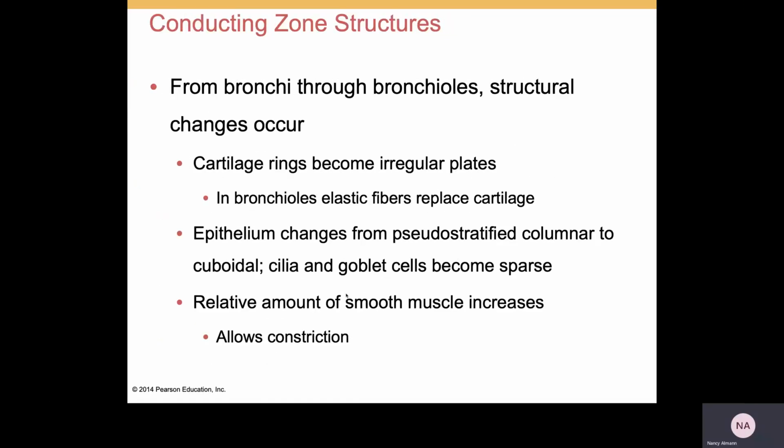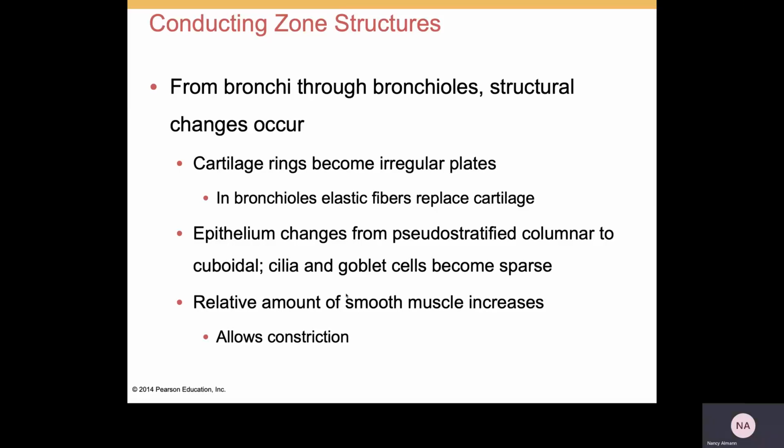Now, from the bronchi through the bronchioles, you're going to have structural changes, which we have already talked about, but this sums it up. We know that cartilage rings become irregular plates, and that at the level of the bronchioles, you will have elastic fibers and not cartilage.